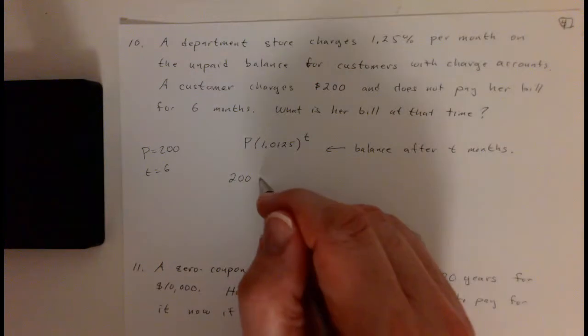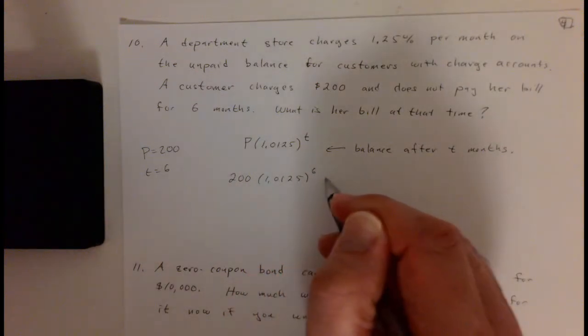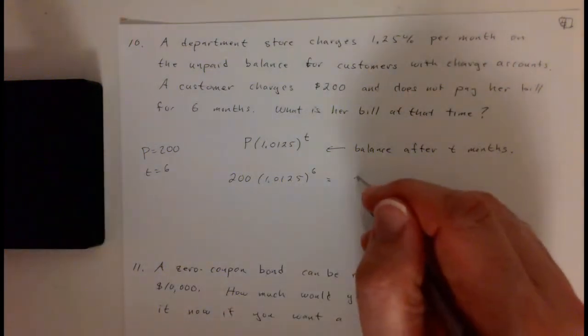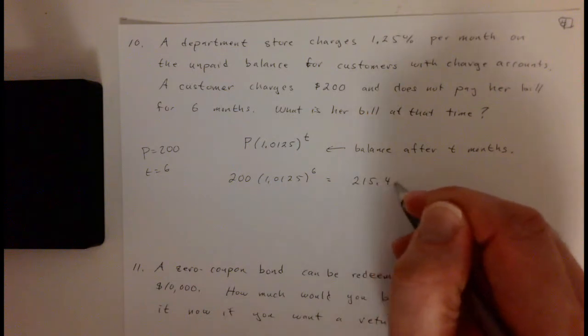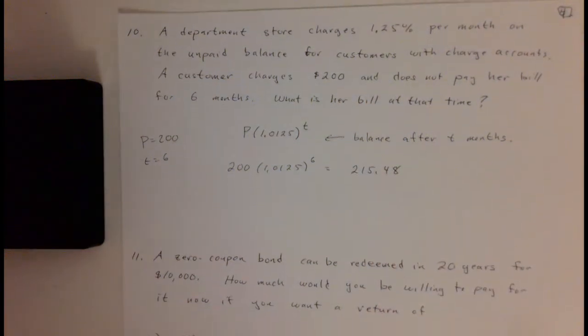So this is 200 times 1.0125 raised to the 6th power, and this turns out to be 215.48. That would be the balance after 6 months.